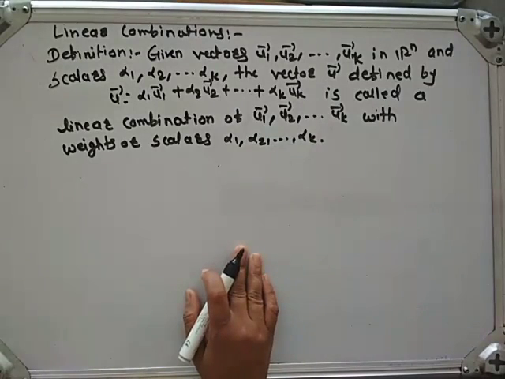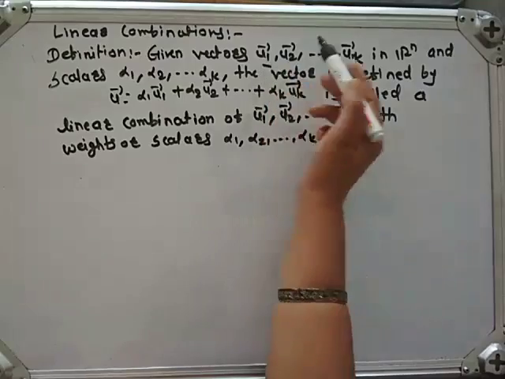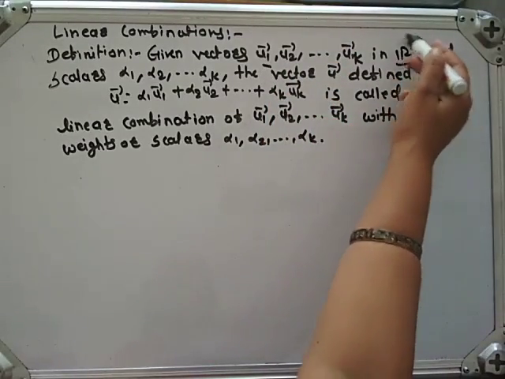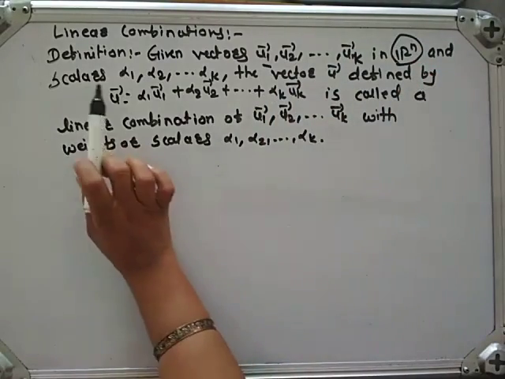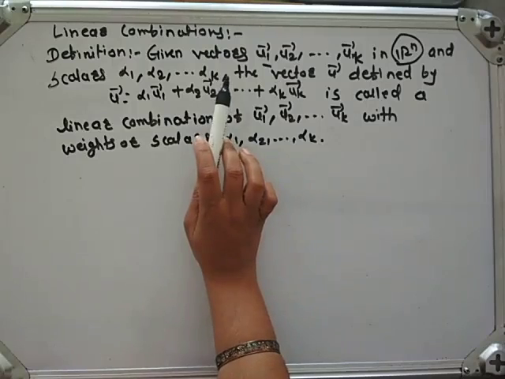Okay. See here what is linear combination. Given vectors u1 bar, u2 bar and so on up to uk bar in Rn and scalars alpha 1, alpha 2 and so on up to alpha k.